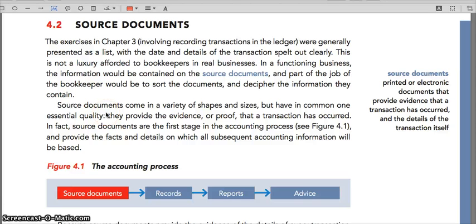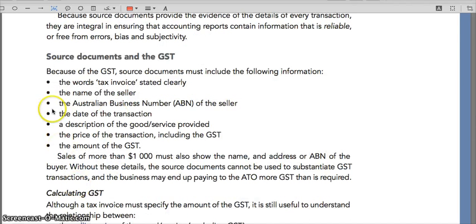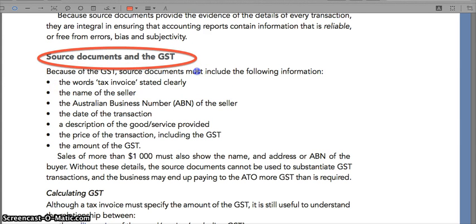We might have a receipt book, more than likely, for the money that we've got coming in, and some sort of cheque butt or bank transaction listing for the transactions going out. There's a little bit of information here about source documents in the GST.